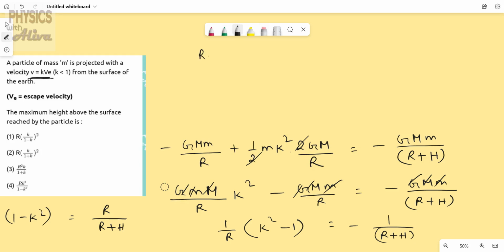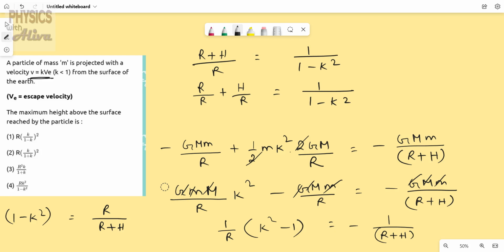Now we can write R plus h divided by R is equal to 1 by 1 minus k square. Then R by R plus h by R is equal to 1 by 1 minus k square, and then we can write 1 plus h by R equals 1 divided by 1 minus k square. So this h by R is equal to 1 by 1 minus k square minus 1.